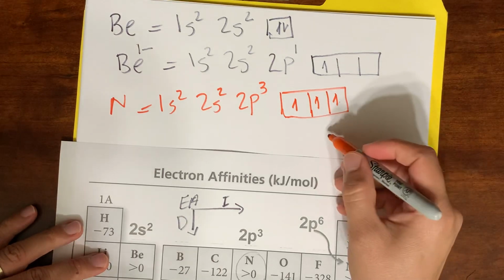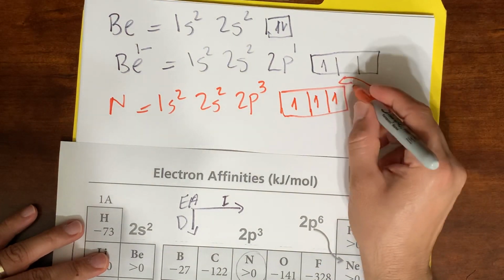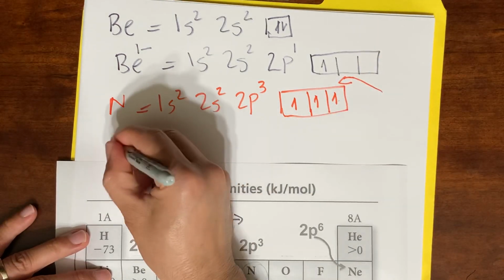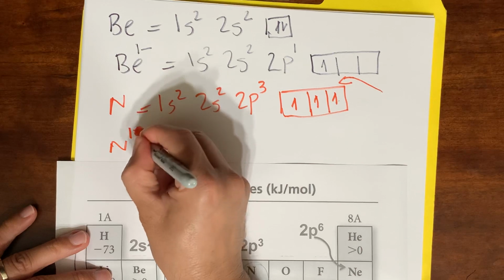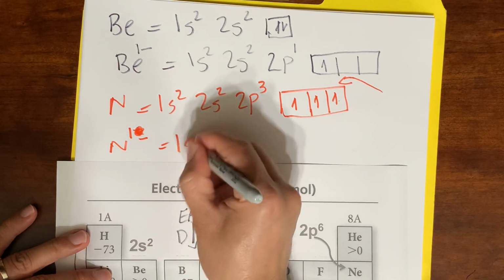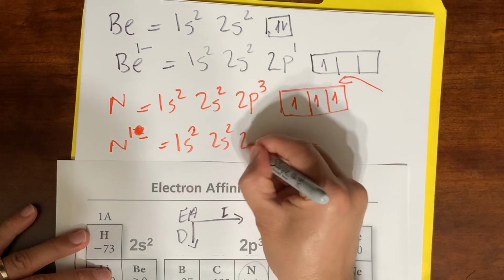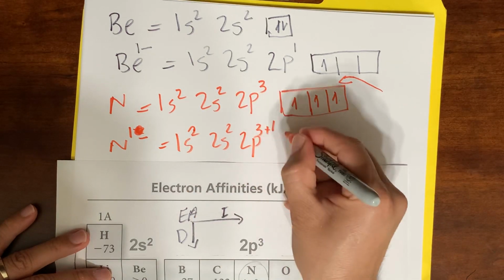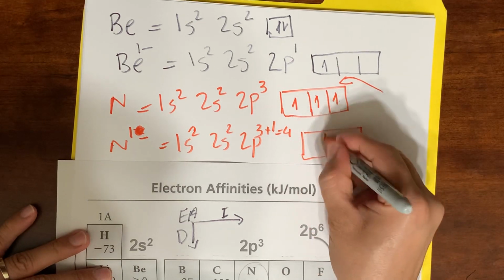If you want to add an electron, you will be adding an electron to one of these orbitals. So it will be 1s2, 2s2, 2p, 3 plus 1, 4. So we're going to ruin the symmetry that we have.